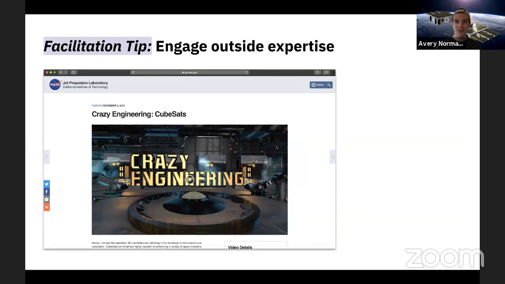In this case, it's also really helpful or can be insightful to engage outside expertise. And this falls in a couple of different ways. The first is that there are a lot of experts in aerospace engineering and satellite design, and we're not asking you to be experts in these domains at all.